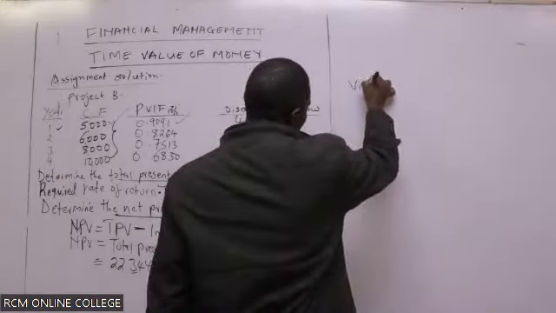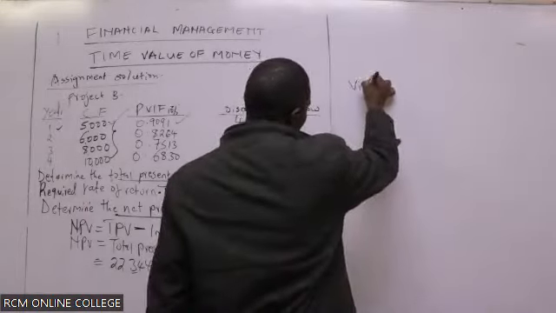In fact, you can see that the initial investment was 30,000, and the income the person is getting is 22,344.3. Therefore, this project is not profitable, and the investor should not invest in it.